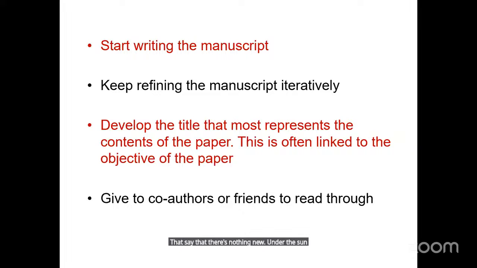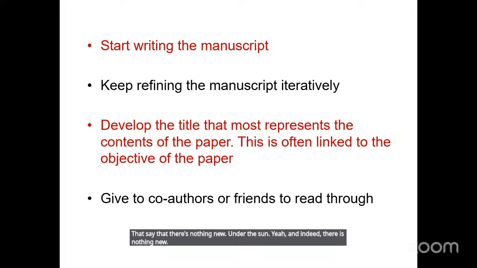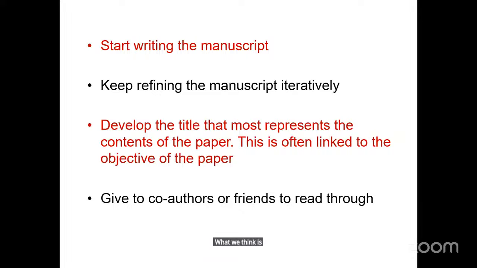Indeed, there is nothing new. What we think is new is because we don't know, and so we do research. Otherwise it exists. So we search on what exists, and we have points of reference that are guiding spots that we need to refer to.